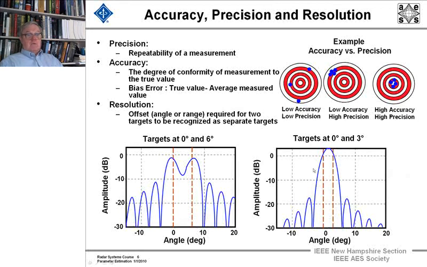And we can't resolve them because the beam width of the radar doesn't allow us that resolution. The targets are closer together than the resolution of the radar. And that brings us to the definition of resolution. It's the offset angle or range required for targets to be recognized as separated.